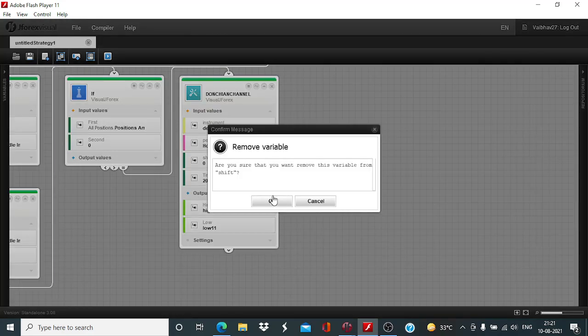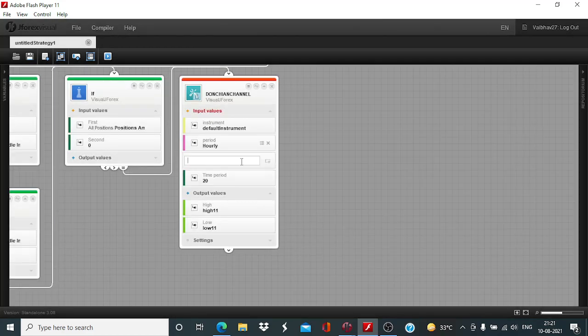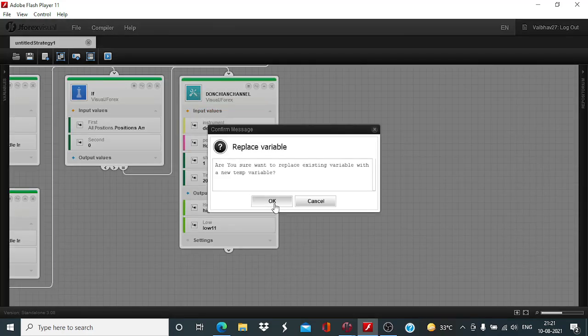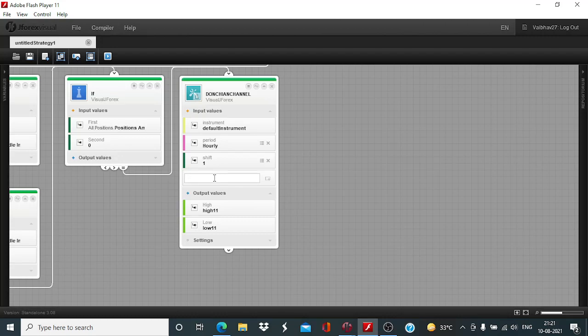Shift value is going to be 1, and this is going to be changed to 24.